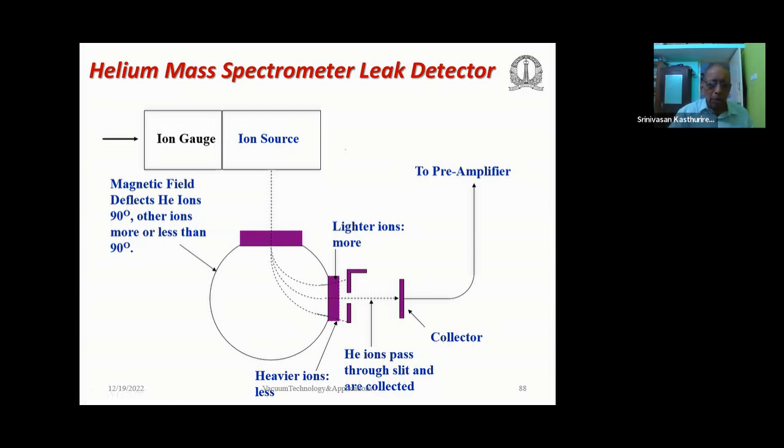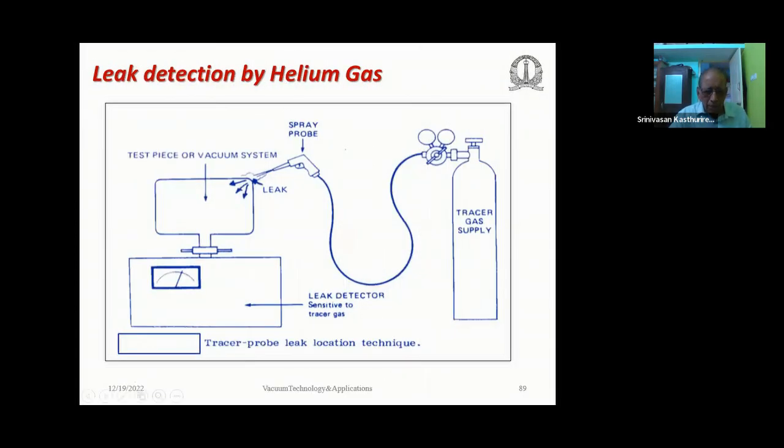Okay. Now let's look at the leak detection. Suppose this is the chamber or a test piece which you want to test. Suppose it has a leak here. All that you do is this chamber is evacuated and connected to the mass spectrometer leak detector system. This is the leak detector system. It is sensitive to helium gas. Now you use helium gas from a cylinder and spray it on top of this. If there is a leak, the helium will enter this zone and go to the mass spectrometer.